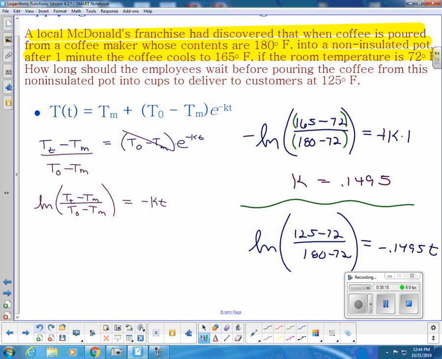And now we have the K and we're looking for the T. I get approximately 4.76 minutes. So I would say, to be safe, wait 5 minutes before you serve the coffee.